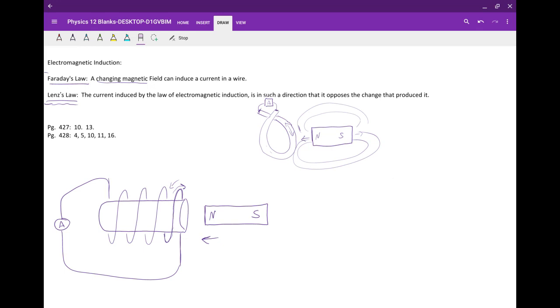If I've pushed it in there, then this electromagnet, which is this thing here, is going to turn into a magnet, and it's going to be north here and south there, because the magnet that gets created must oppose the magnet that created it. And this has to do with the fact that there's no free energy.